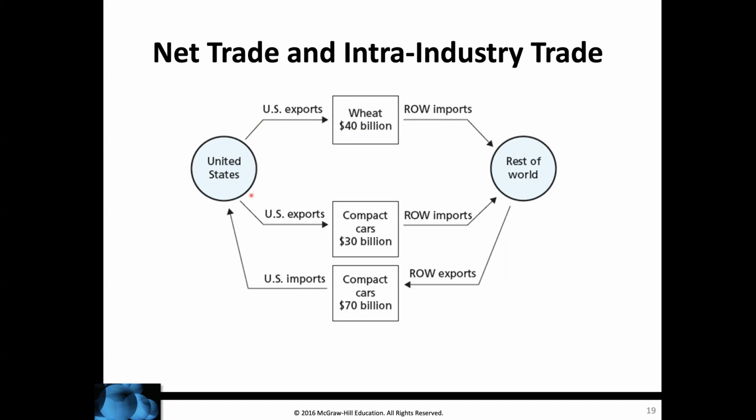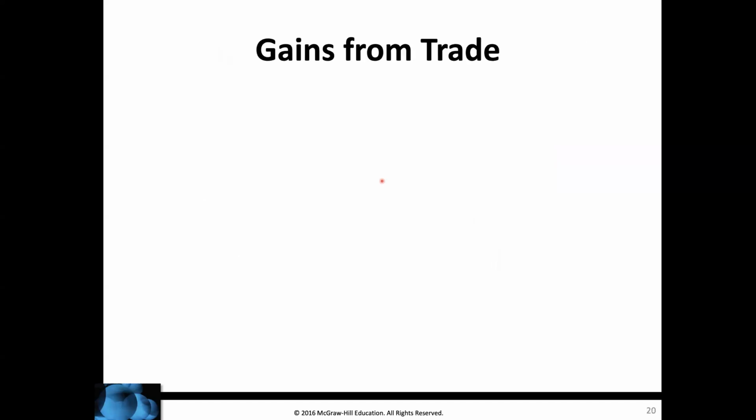Down here, we're exporting about $30 billion worth of compact cars to the rest of the world as they import them. But the rest of the world will export about $70 billion worth of compact cars back to the United States. With these, we can calculate our net trade and our intra-industry trade, as we've discussed previously.